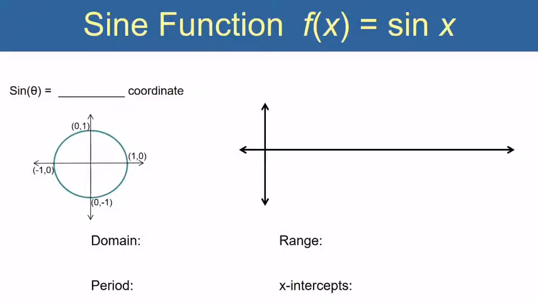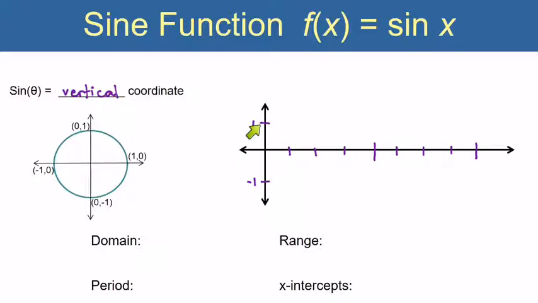And remember, we're about to generate a couple of periods of the sine function. As we do this, remember that the sine function is the vertical coordinate from the unit circle. Okay, let's start here at 0 radians. Actually, first we're going to label our x and y axes. We'll label the horizontal axis every pi over 2 radians.